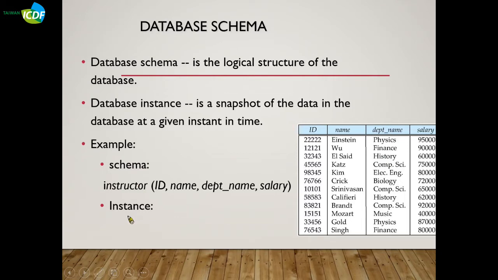As to an instance, it mainly refers to each tuple in the table because it records all the attribute values associated with the instructor, so it can be regarded as an instructor instance. So overall, schemas emphasize the logical expression of relations, whereas instances emphasize the real data associated with the real object.